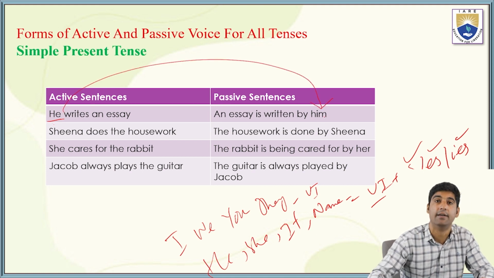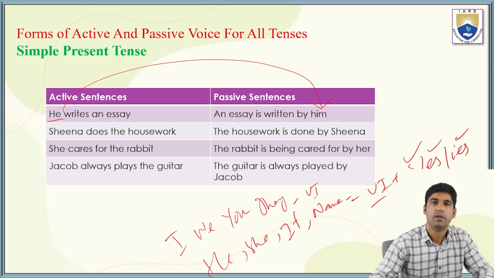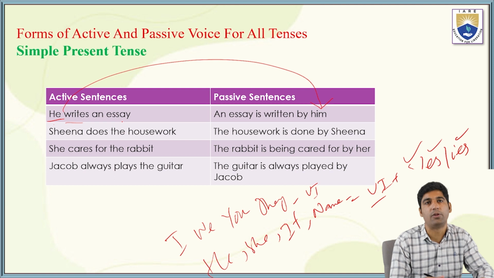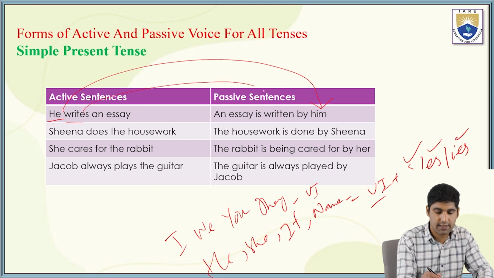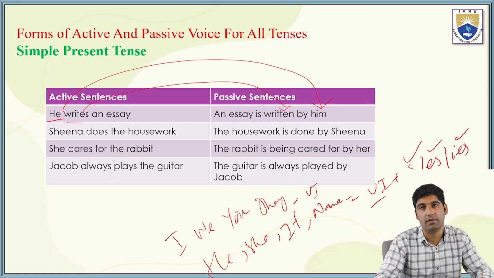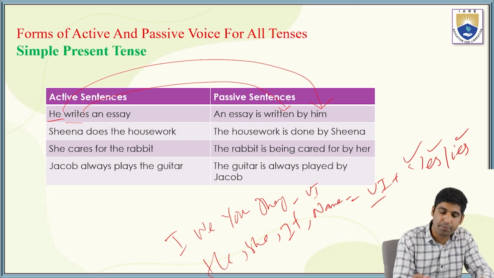See, it came at the end. Then write is the verb. I told you we need to make the third form of the verb, that's written. Then I told you we need to use the preposition by before the subject of the passive voice. See that we used by here.